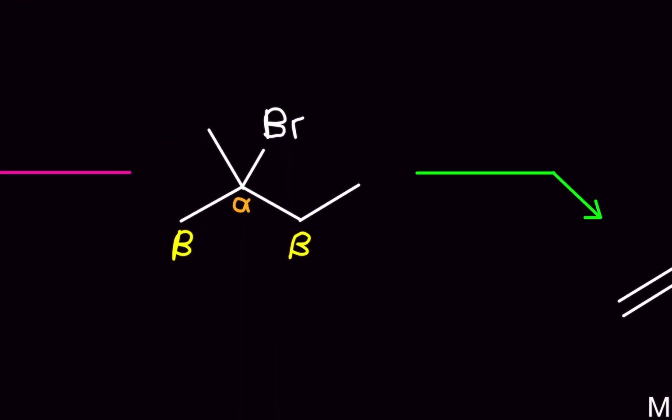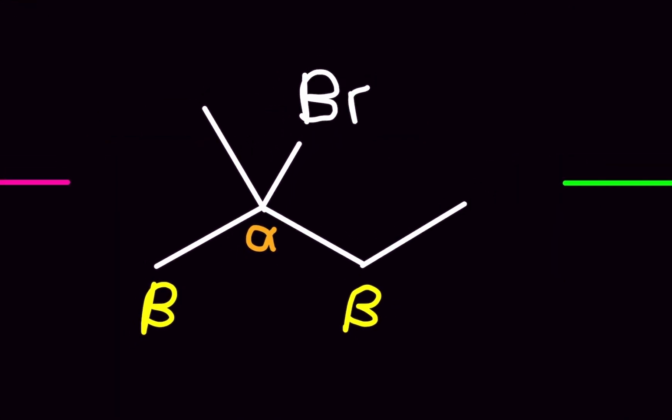For example, here we have the alkyl halide. This is obviously the alpha carbon, because this is the carbon that has the halogen attached to it. That would mean that the adjacent carbons would be beta carbons. This one as well would be a beta carbon, but for simplicity, I did not include it.